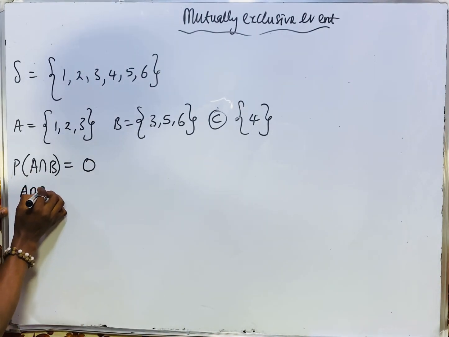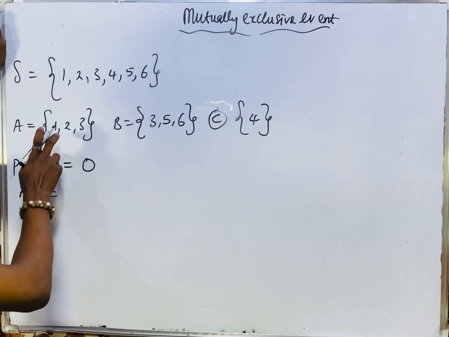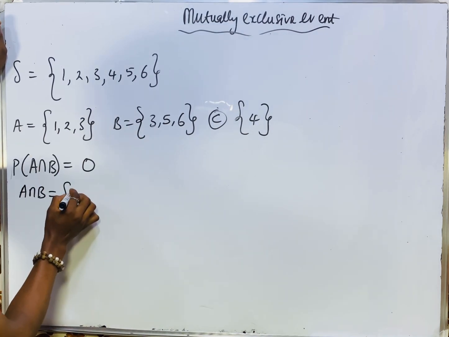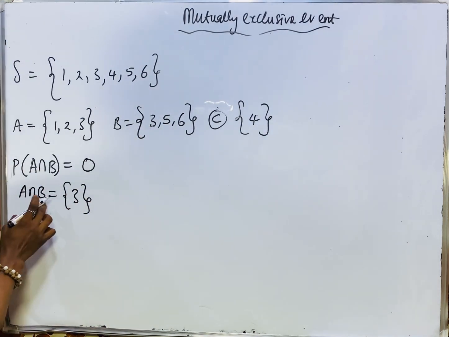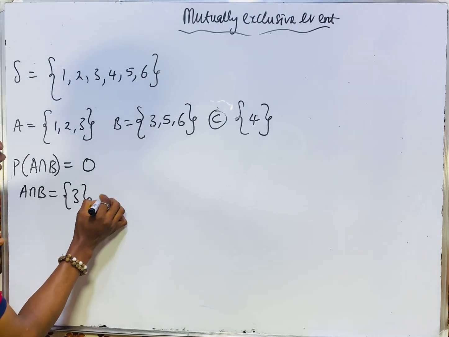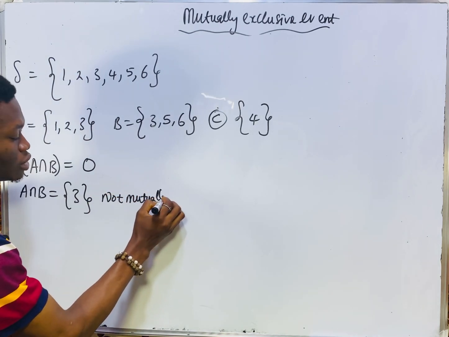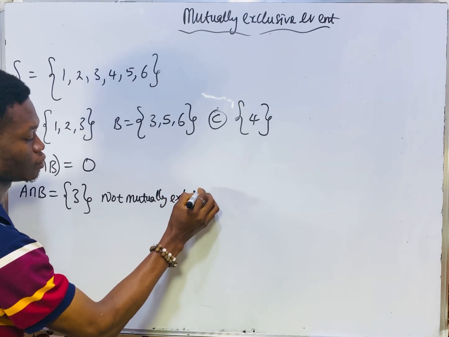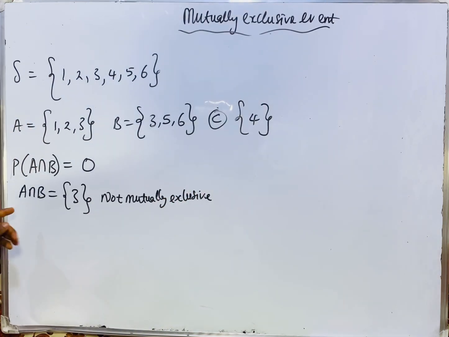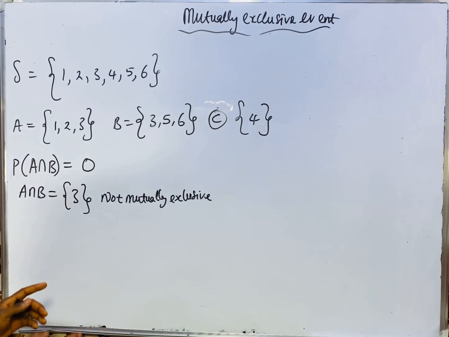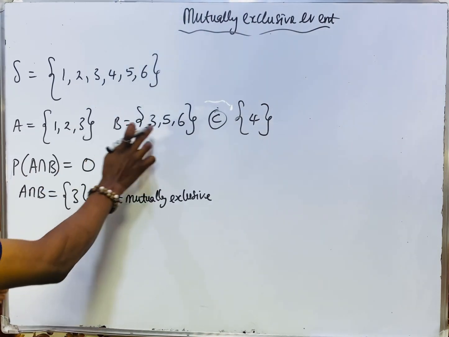A intersects B: what do they have in common? They have 3 in common. So A and B are not mutually exclusive because they have 3 in common.